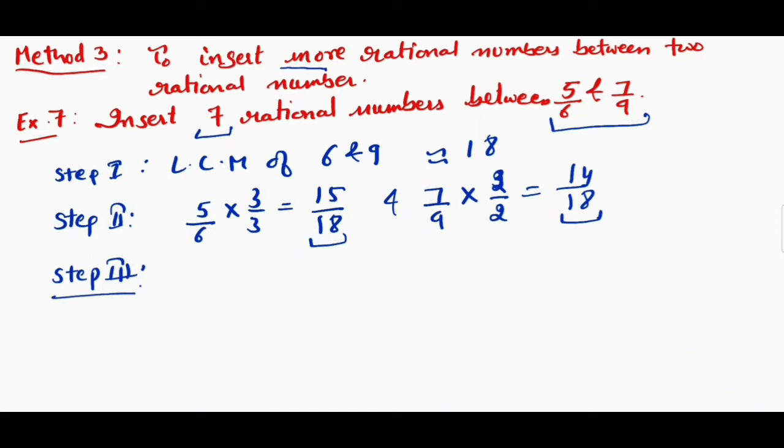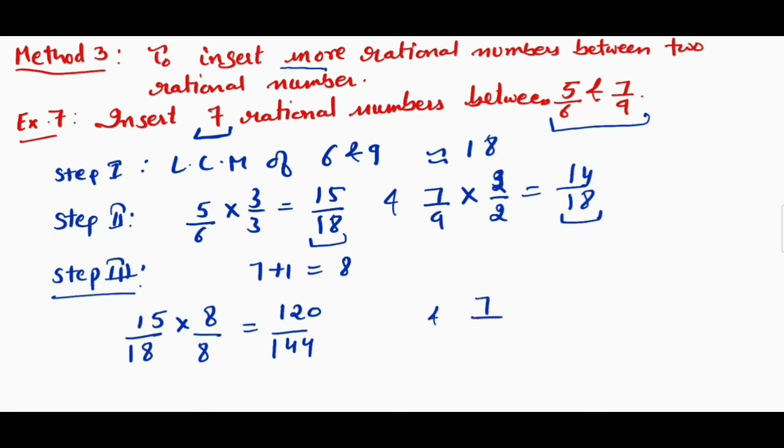And in the third step, how many numbers do we have to insert? We have to insert 7 numbers. So we will multiply both the numerator and denominator of both the rational numbers by 7 plus 1, meaning 8. So for 15/18, we multiply with 8/8 and we get 120/144.